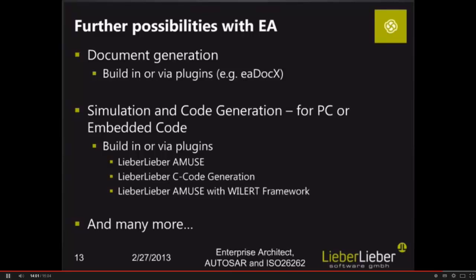We have also simulation and code generation possibilities in Enterprise Architect available for the PC application domain or for the embedded code domain. This can be done by built-in technologies like the code generation templates and the code generation engine, or by extensions, for example the Amuse extension for C# and C code generation, and also available is Amuse in combination with the Willard framework. And these are only a few more possibilities, there are many more.